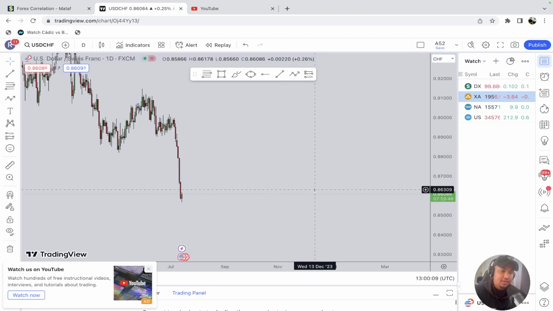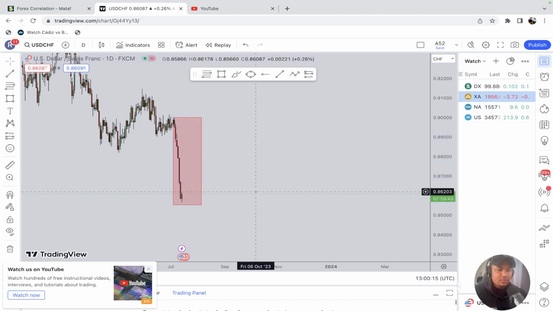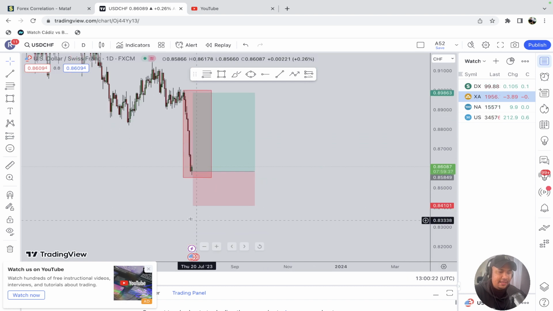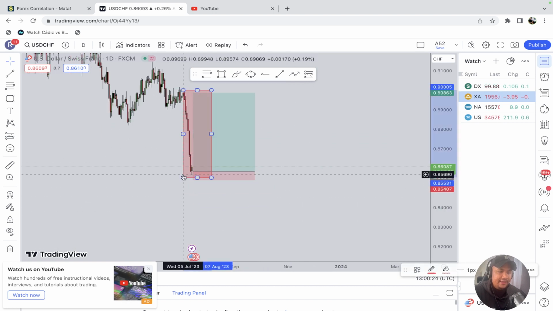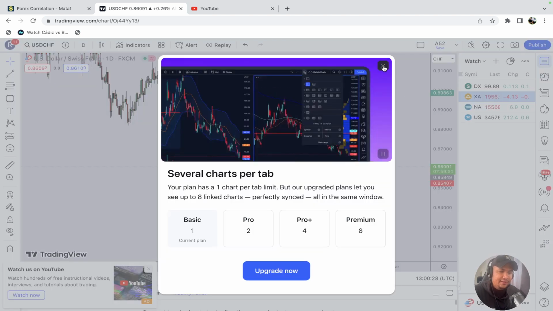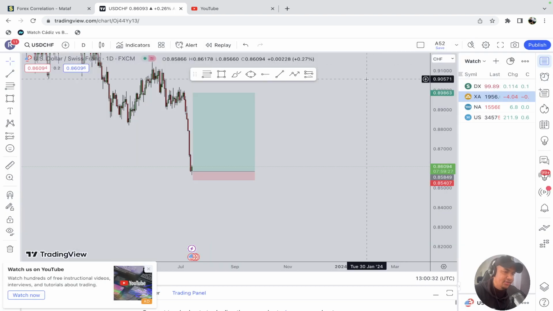Clearly not. You can see how aggressive the correlation is over here, because now he says we're supposed to buy GBP CAD, and he says sell. I just want to see if I'm able to get them side by side. Okay, I can't, unfortunately.